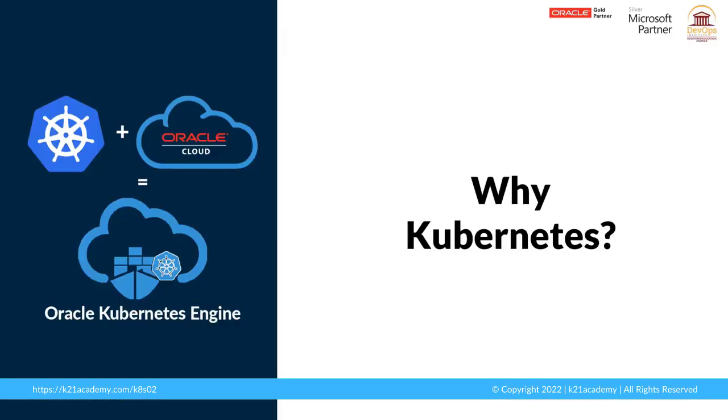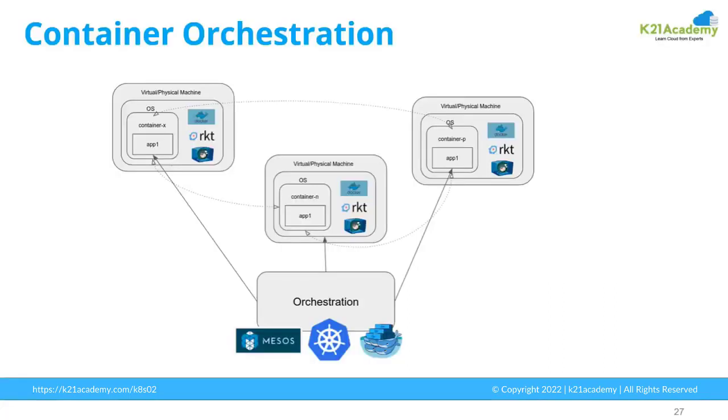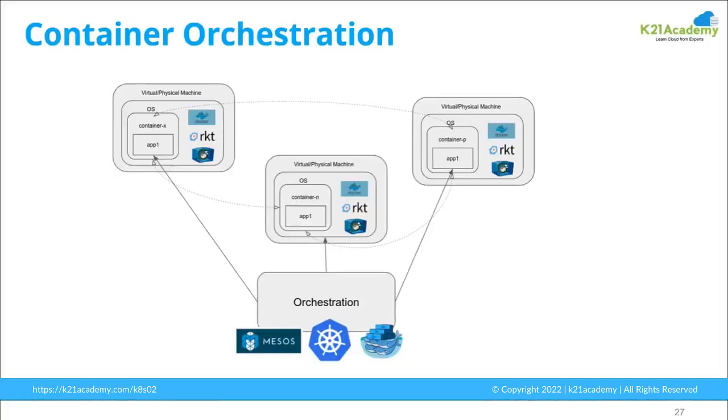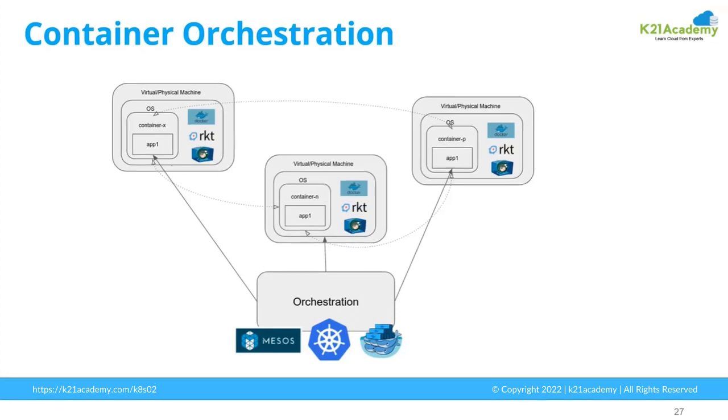Now, before we move forward and look at Oracle Kubernetes Engine, let's first understand why you even need Kubernetes. If you see in the diagram, there are multiple hosts, and on each host you can run multiple containers. Typically you run 15, 20 containers depending on the type of application and the spec of the machines.